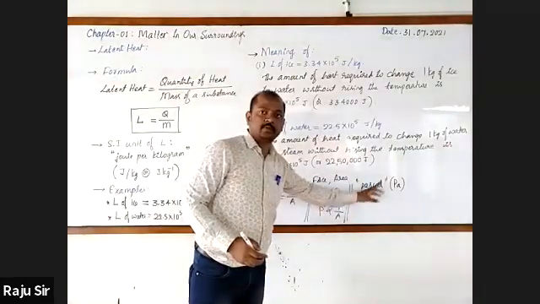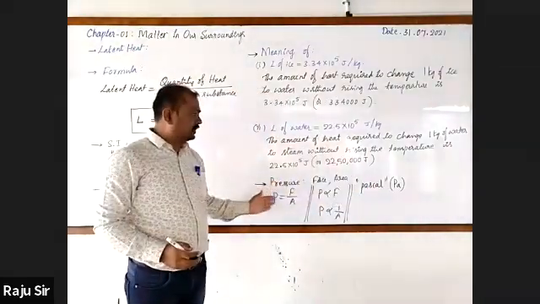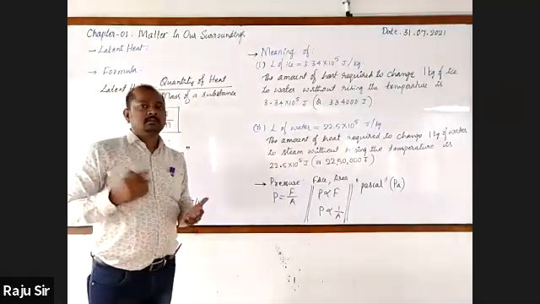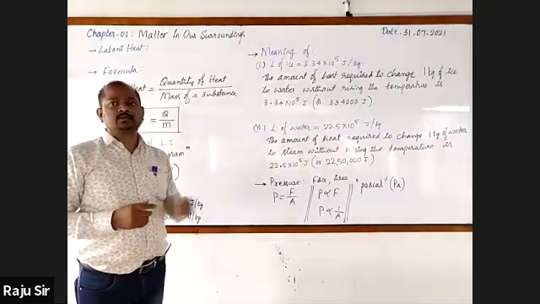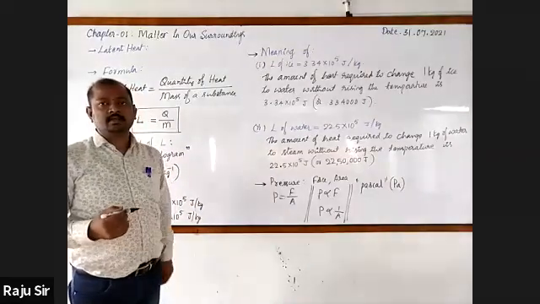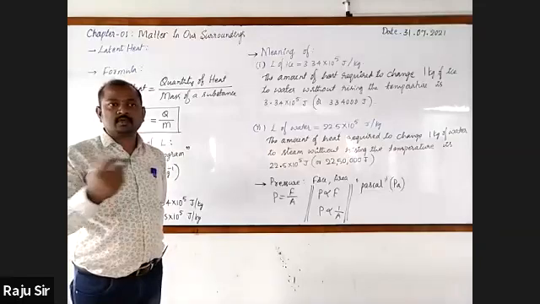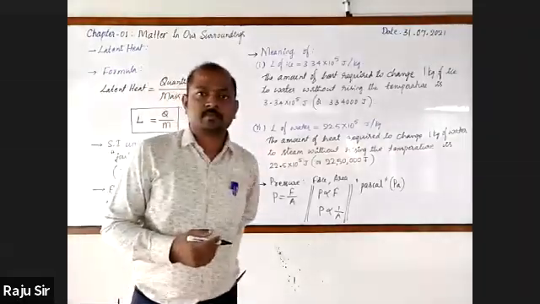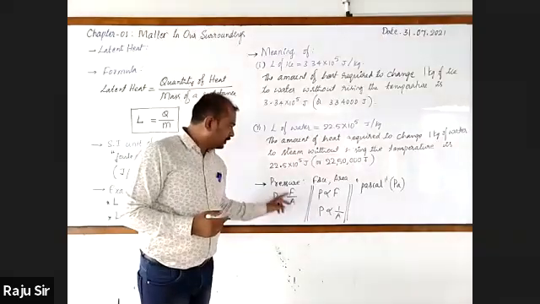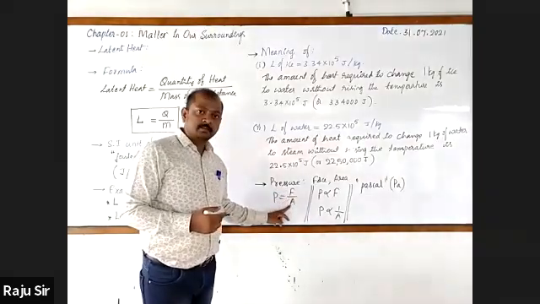The SI unit of pressure is Pascal. We have another unit also to measure pressure. Can you tell what is that? Newton per meter square. Very good. It is Newton per meter square.